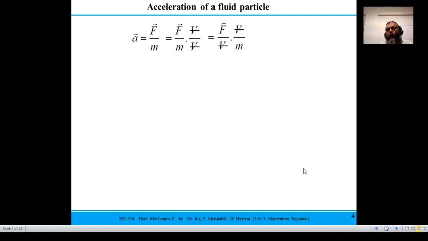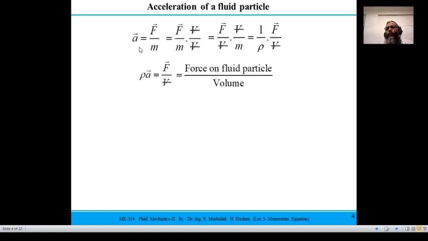As you know, mass per unit volume, this term would be the reciprocal of density, and force per unit volume. So if we multiply density by acceleration, we get the force per unit volume. Density times acceleration would be the force per unit volume.